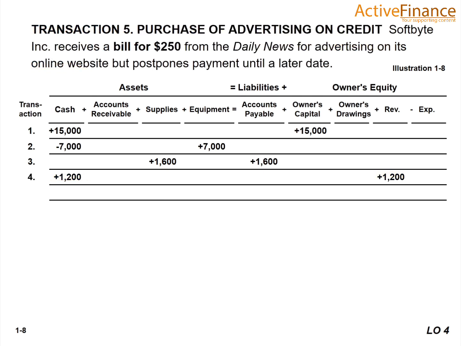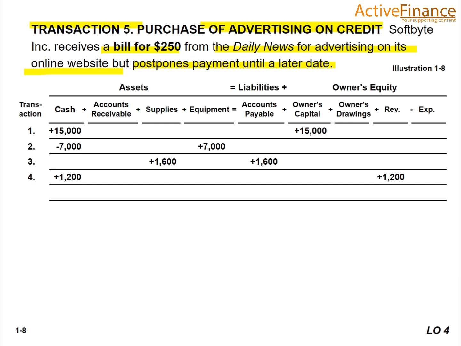This is the fifth transaction, purchase of advertising on credit. We have purchased the advertising on credit. We will pay in future. SoftBite receives a bill. We have received a bill of $250 from the Daily News for advertising on its online website, but postpones the payment until a later date.